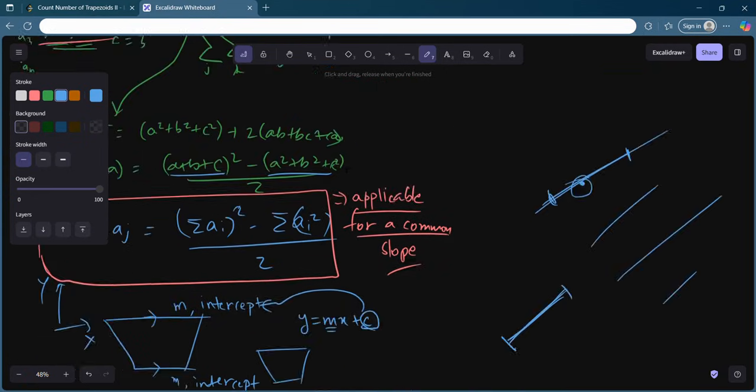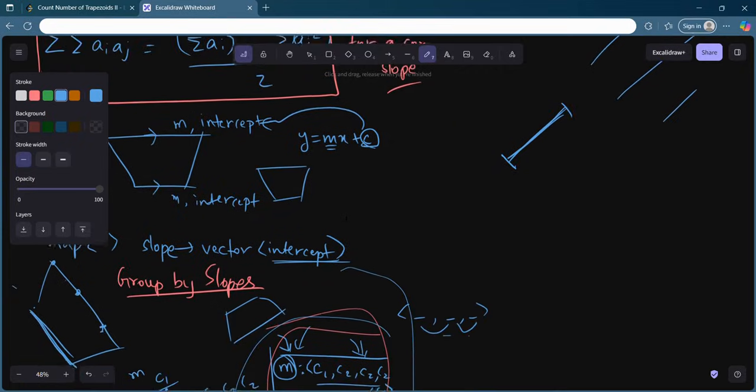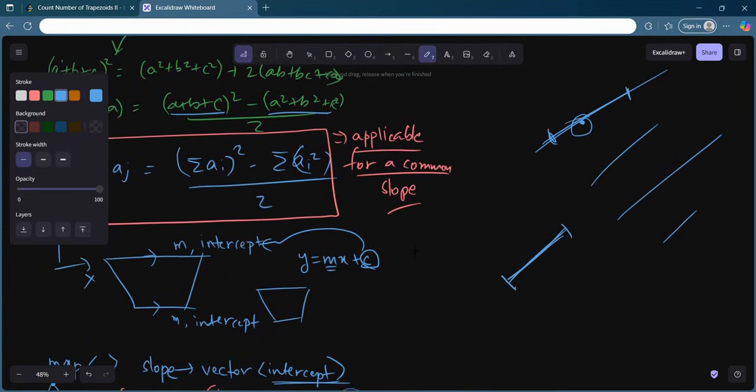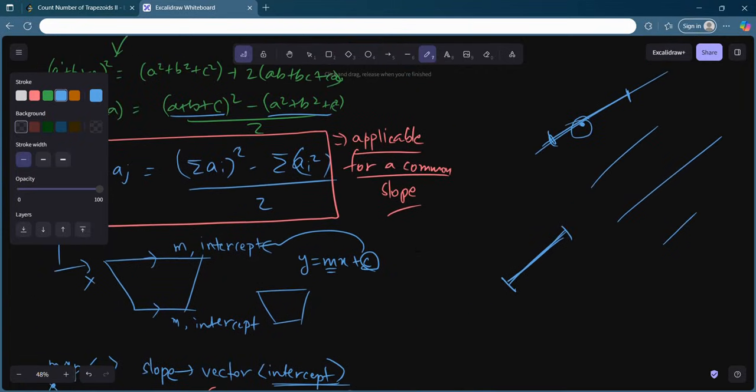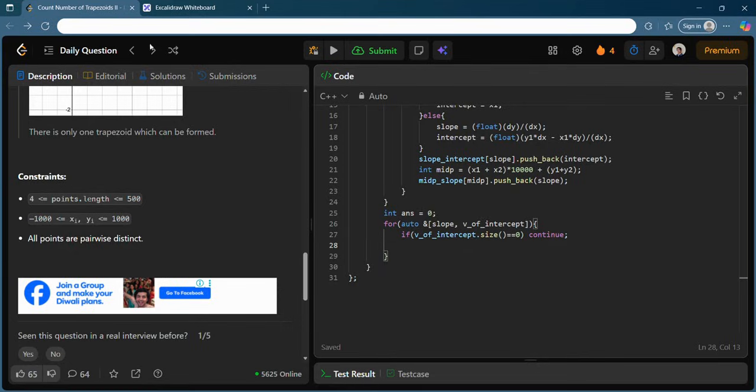Now you do the exact same thing. First you have grouped by the slopes, right? Now when you had the same slope, you grouped by the y coordinates, right? You say that hey, these many points are there in the y coordinate of this, this and this. Same thing you can do over here. So you can have another unordered map of float comma integer.